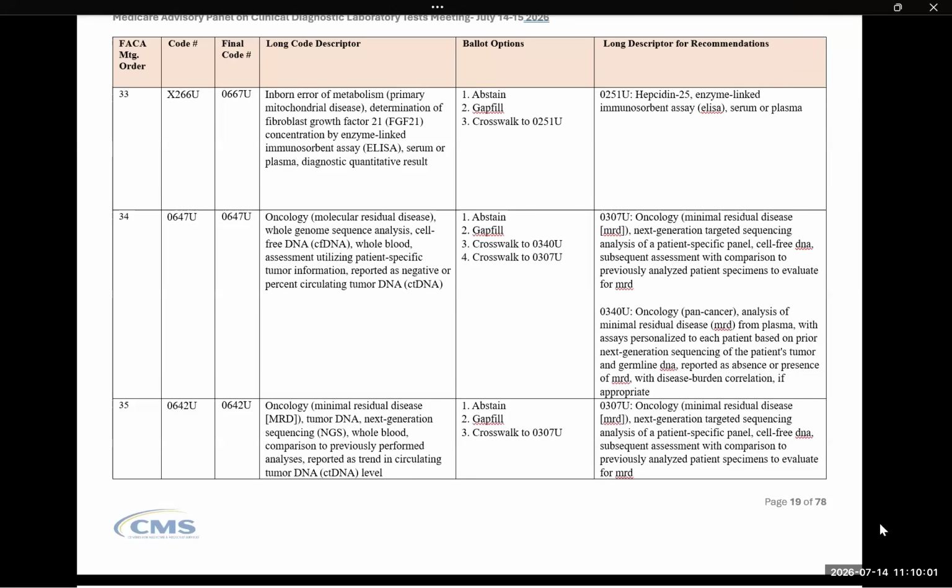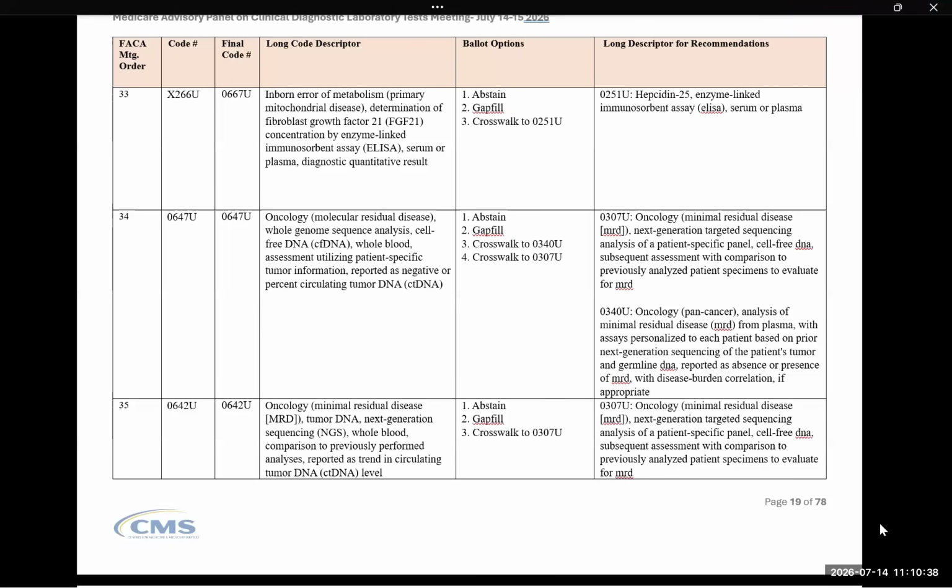Thank you. Do we have any questions or comments from the panelists or CMS about this code? All right, if not, panelists, please cast your votes. Thank you.